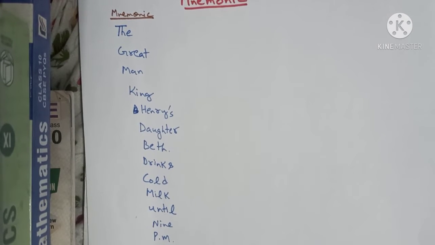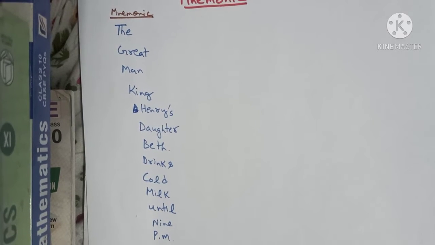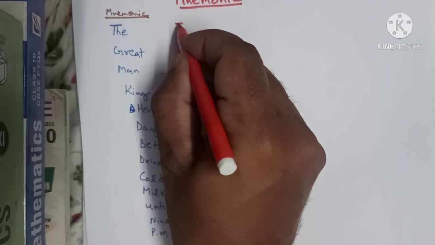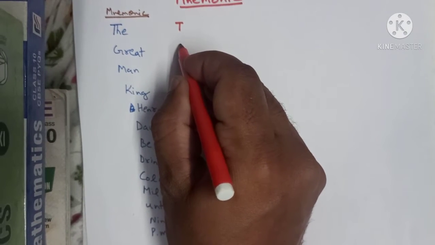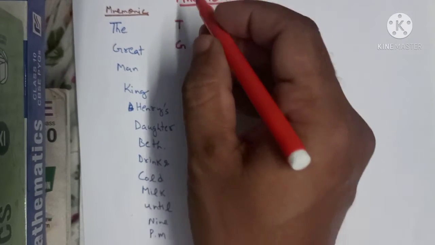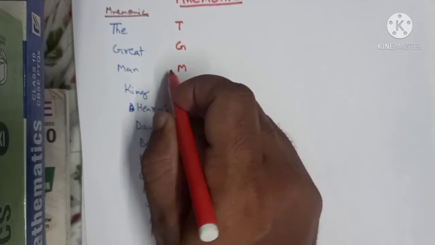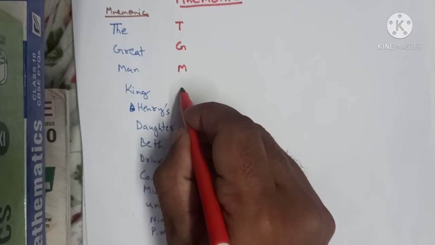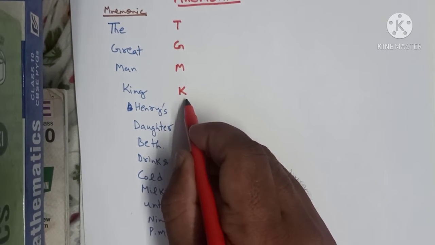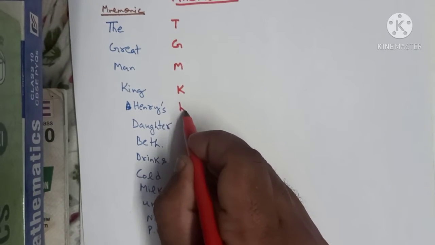So I'm just writing the first letters of this mnemonic. The first letter is T for The, G for great. M for man, and King stands for K, Henry is H, but this K is basically a small k and small h.